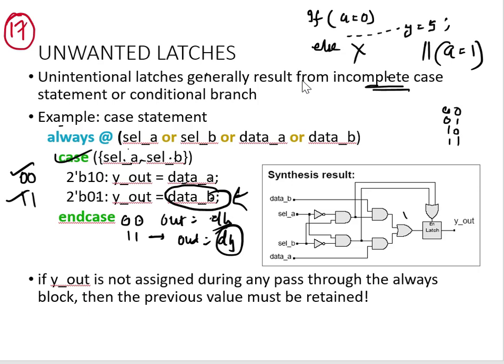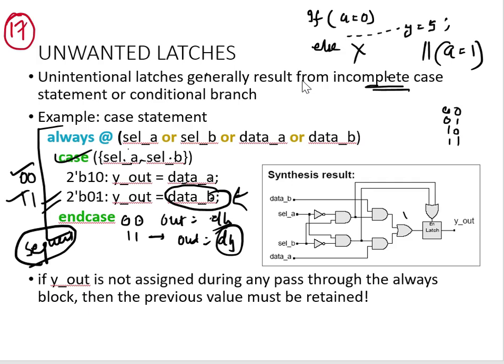This is a combinational circuit, but it is storing something, and storing something means it is generating hardware that is not combinational but sequential, because only a sequential circuit can memorize the previous data.